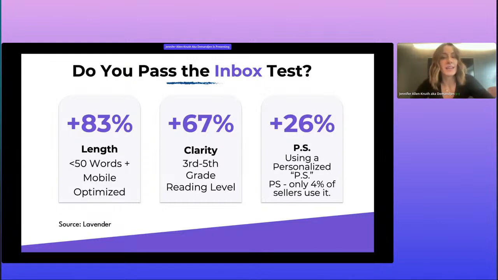When I started writing in Lavender, I was writing on average at an 11th and 12th grade reading level. And the reason I was doing that is because I was flexing all of my big fancy buzzwords. Visibility, not really a sexy word, but you don't have to say visibility, you can say see. So look for these long syllable words and cut them out, swap them for simpler, more direct language.